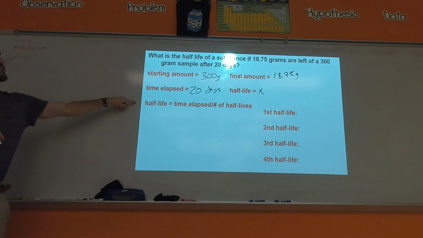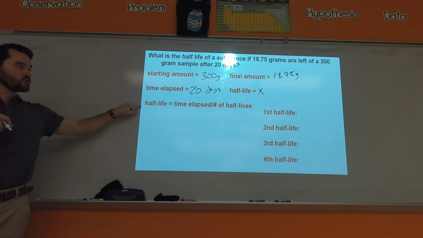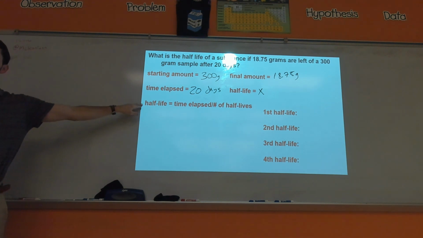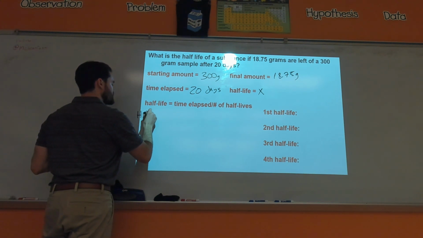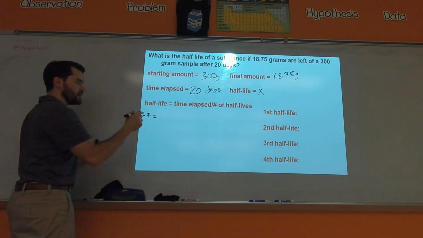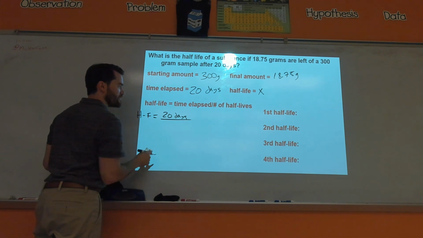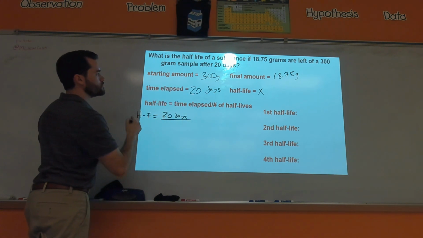Now, there is a formula, if you're into formulas, that you can use here. Half-life equals time elapsed divided by the number of half-lives. So we can solve for our half-life using this formula. So half-life, we'll call it HF, equals, what's my time elapsed? 20 days, okay. Divided by the number of half-lives, which is my... oh, that's a good question.